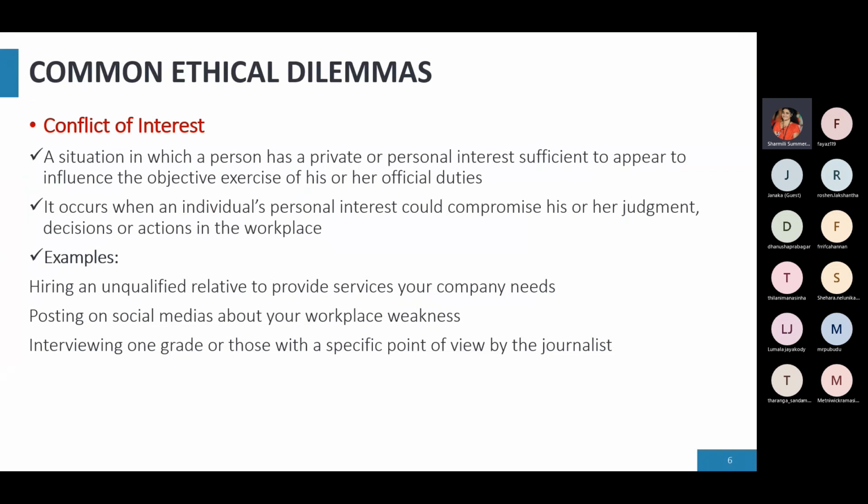For example, in some companies we use the term recommendation. This person comes with a recommendation from his father or mother. It's common, and it's common in the health and social care sector as well.